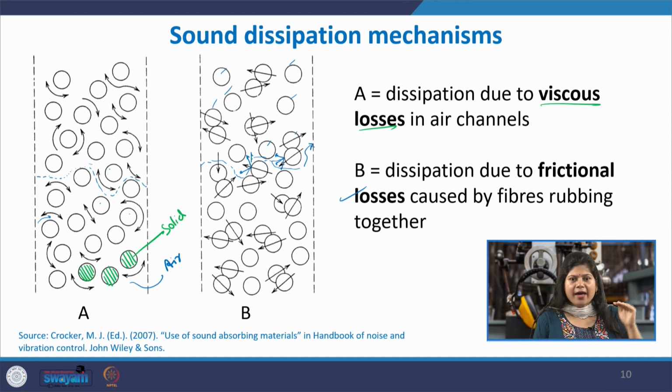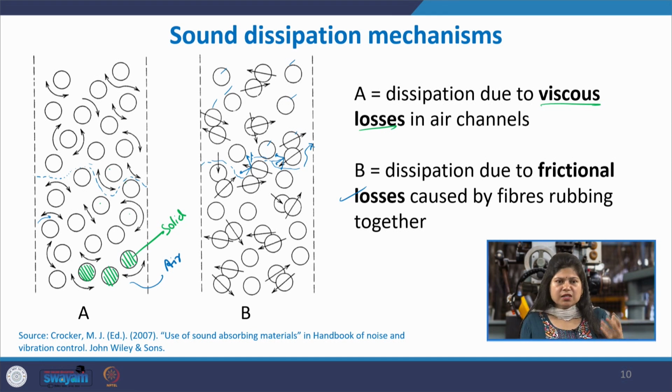As they are passing through this material, they face all this resistance due to viscosity and frictional losses, and they keep losing energy as they go through the material. So, obviously, if the thickness of the material is more, they have to go through a long pathway, and per unit length they keep losing their energy.